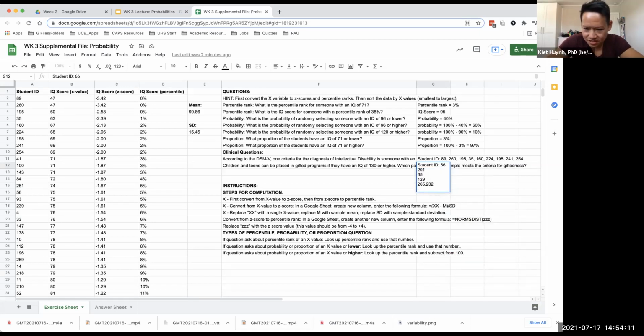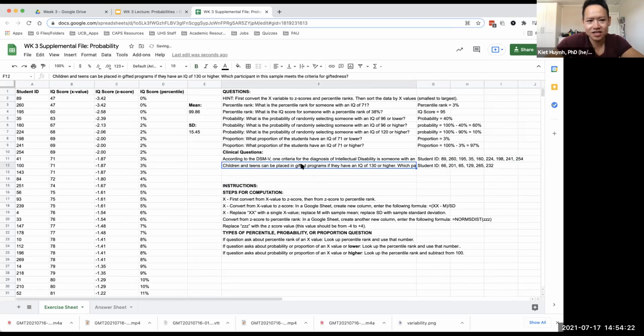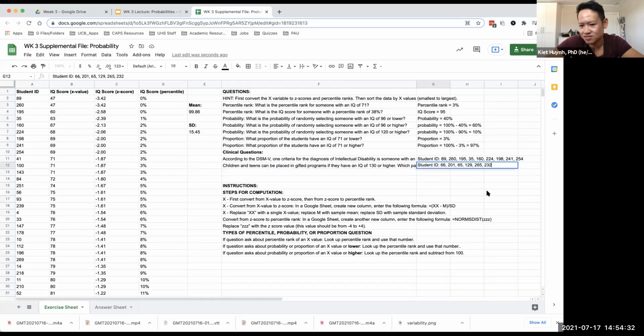Same thing: delete, comma, delete, comma, delete, comma, delete, comma, delete, comma. Okay, again, the question is, children and teens can be placed in gifted programs if they have an IQ of 130 or higher. Which participants in the sample meet the criteria for giftedness? These participants meet that criterion: participant number 66, 201, 65, 29, 265, 232.